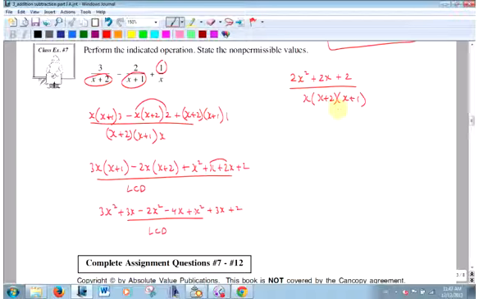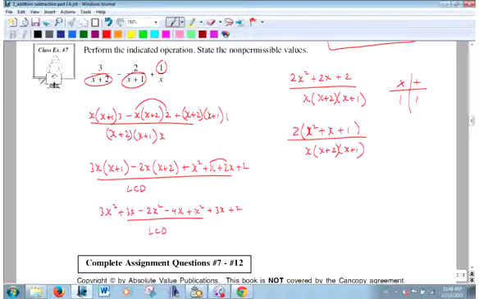What can I do to the top? I can take a 2 out. x squared and x and 1. Can I factor that? What multiplies to 1 and adds to 1?